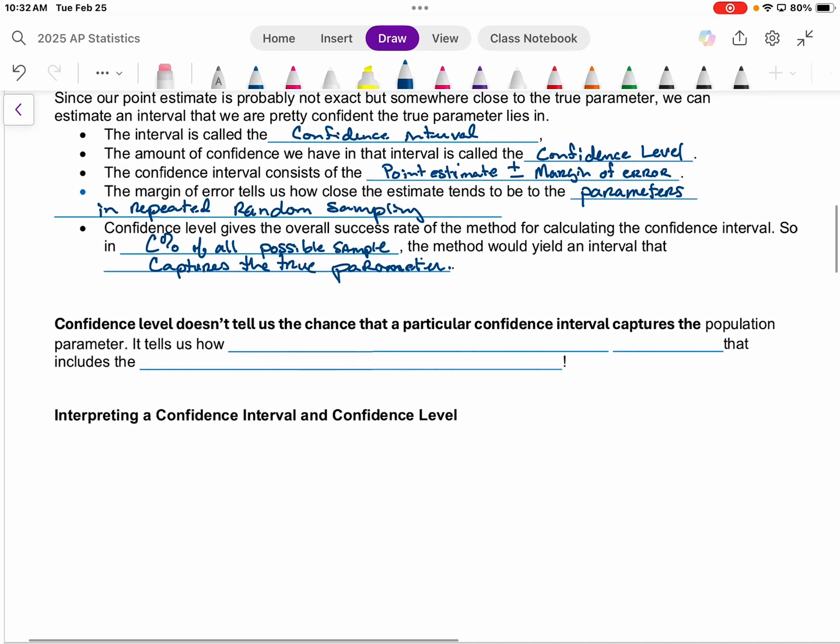All right. Now, confidence level doesn't tell us the chance that a particular confidence interval captures the population proportion parameter.